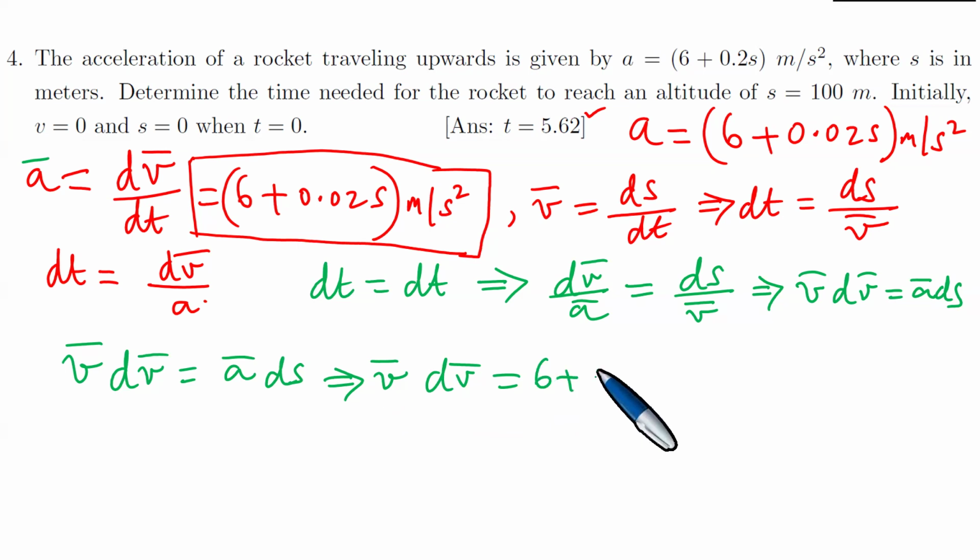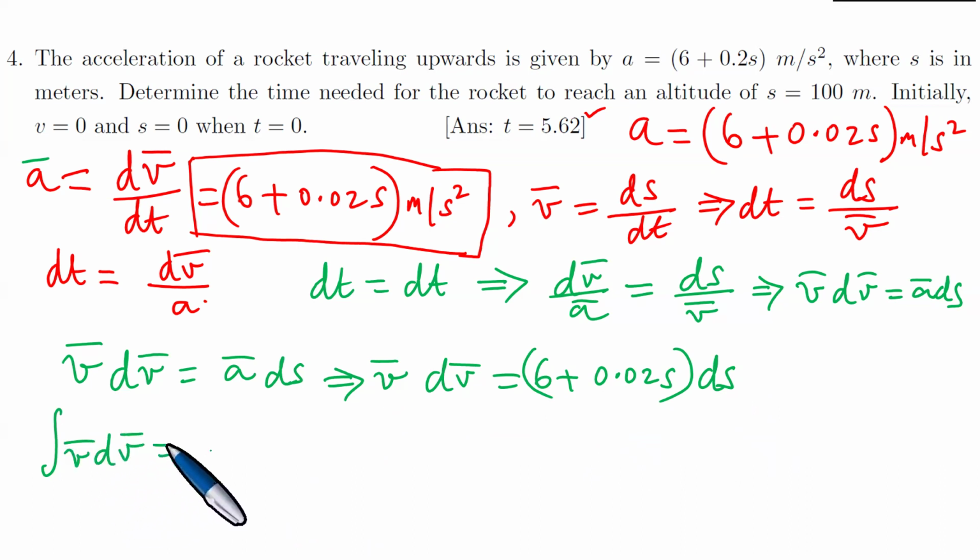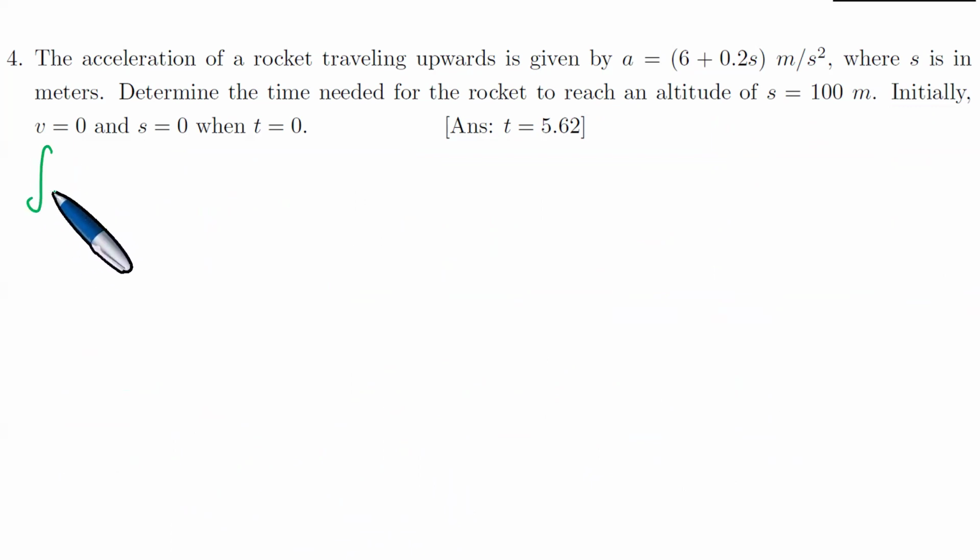A is 6 plus 0.02 s, and we have ds this way. Now this means we can take the integral on the left, meaning the integral of v dv is equal to the integral of 6 plus 0.02 s ds.